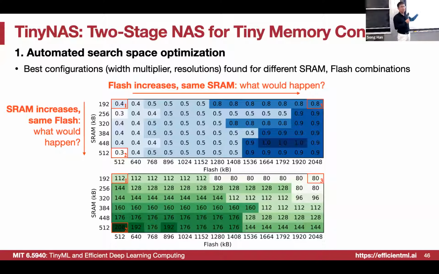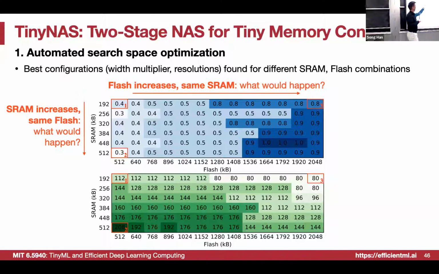The flash stays the same, therefore the input channel, output channel should stay the same. So that's why you see in this direction, the number of channels is roughly staying the same for the optimal design. But the resolution is getting larger since you can store larger activation in the SRAM, since SRAM increased. So that's from design 1 to design 2.